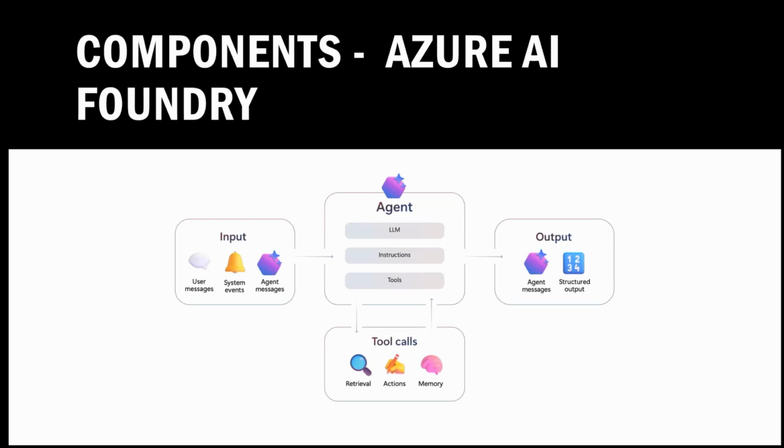So, coming to the core components of what the AI Foundry will have as part of the AI agent: in case your agents are created using the AI Foundry, then they are consumable units which can be used, right?